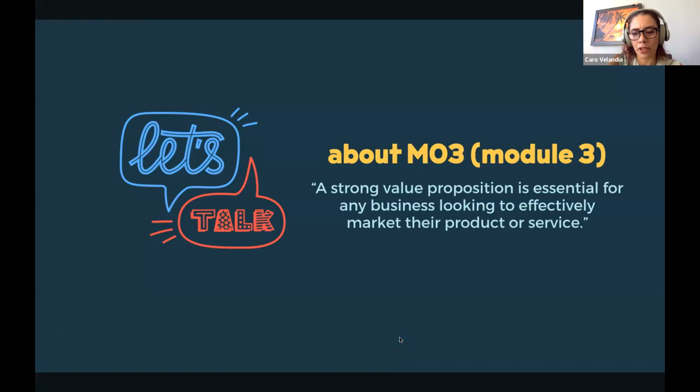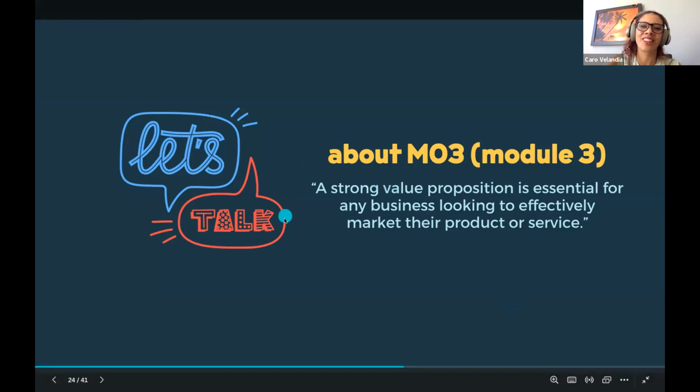Also, what really calls my attention was that the Value Proposition Canvas and Lean Canvas methodology focus on getting to know the customer segment, which is so important to be able to align my value proposition to the real needs of the customers. So that is really nice for me to know. Thank you very much.